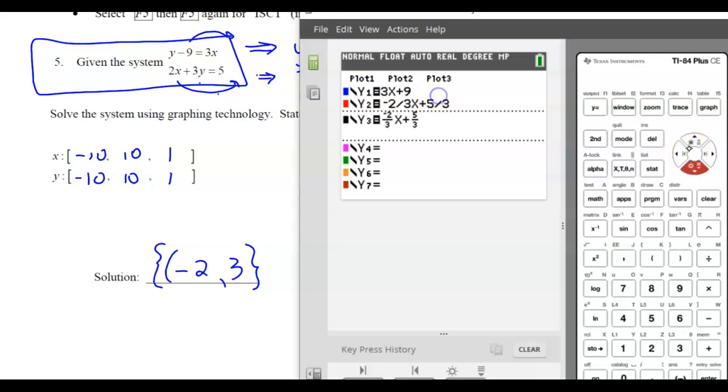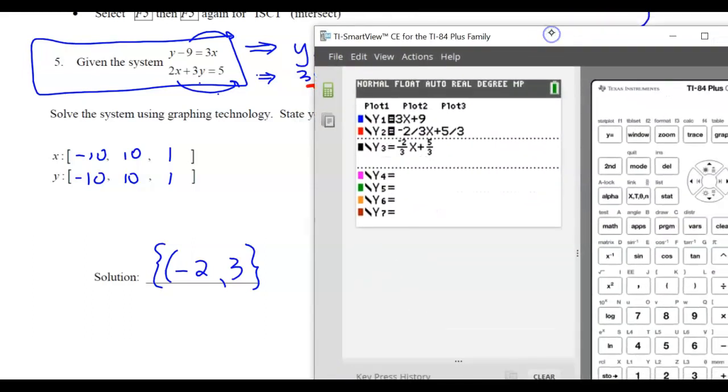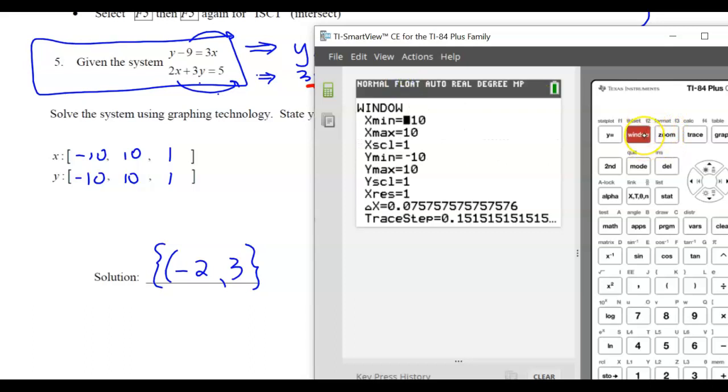It takes a while to get over there. Because that's the equation. Okay, so now I'm going to go to window setting, check.